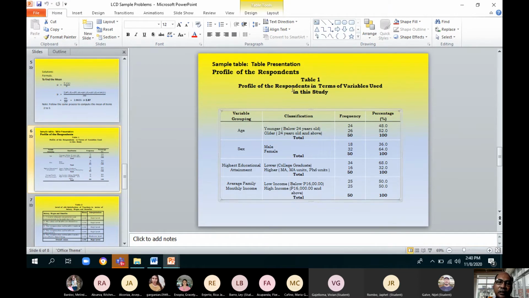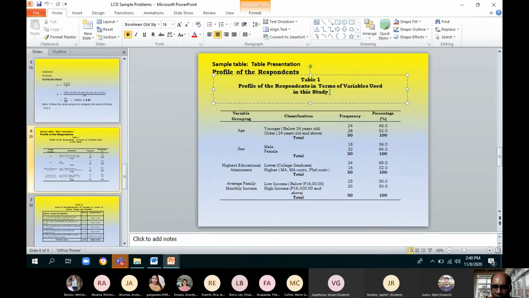And then, for the title, always use the inverted pyramid. Ma-visualize nyo, inverted pyramid. That is for the title presentation.